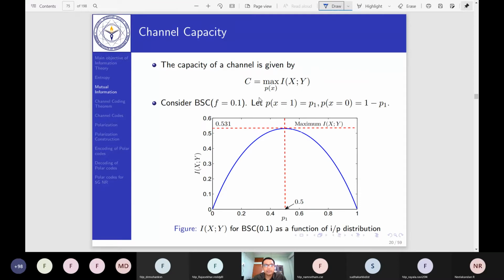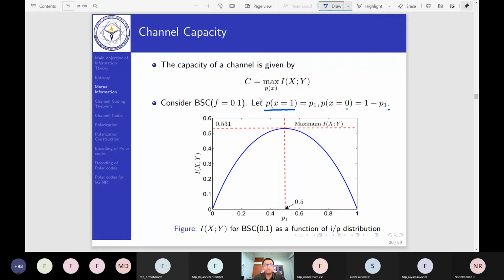So for the binary symmetric channel with crossover probability 0.1, we can plot this capacity. P1 is the probability that the bit is taking value 1, so the other probability will be equal to 1 minus P1.